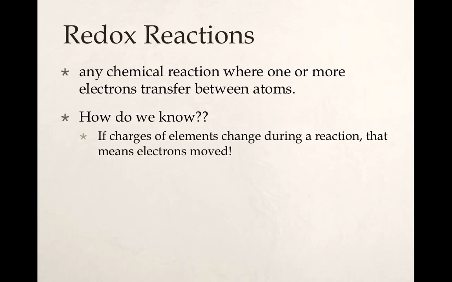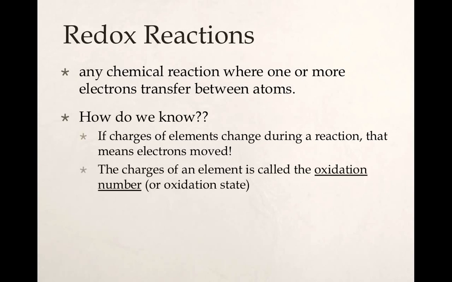If the charges of elements change during a reaction, that means that electrons moved, right? Remember, when an atom becomes an ion, it's because it lost or gained electrons. So if charges change, if I move from +2 to nothing, that means electrons had to move somehow.